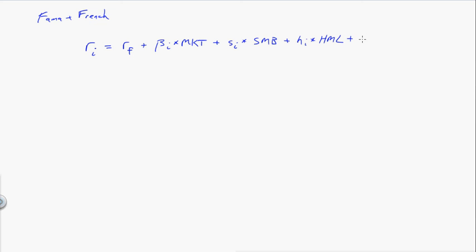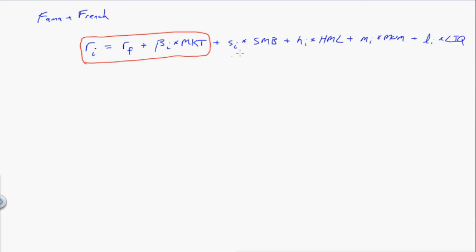Then two other guys came along and they found a momentum effect and a liquidity effect. And this serves to increase the R squared. So the whole point of this is the CAPM is basically this portion.